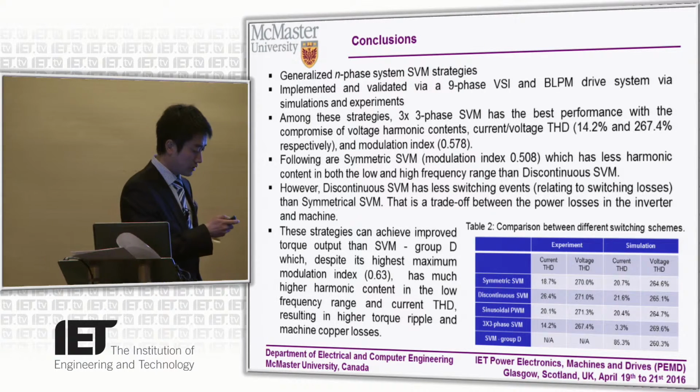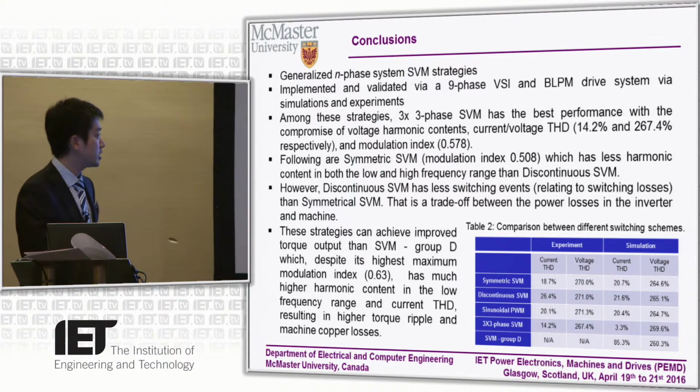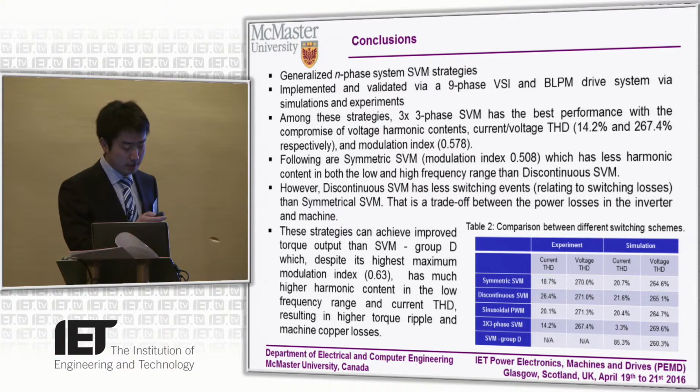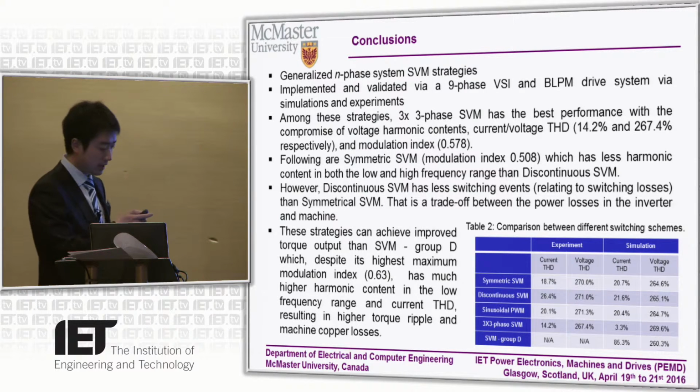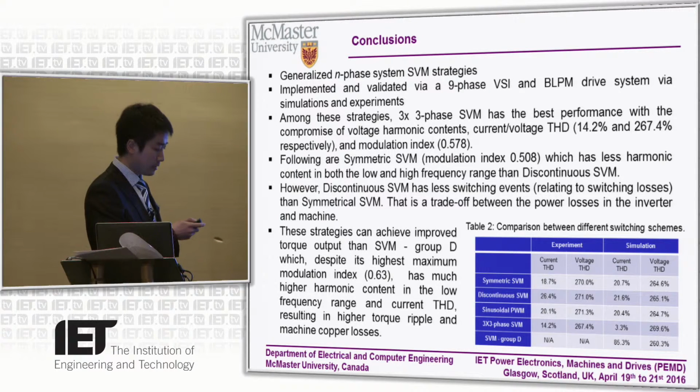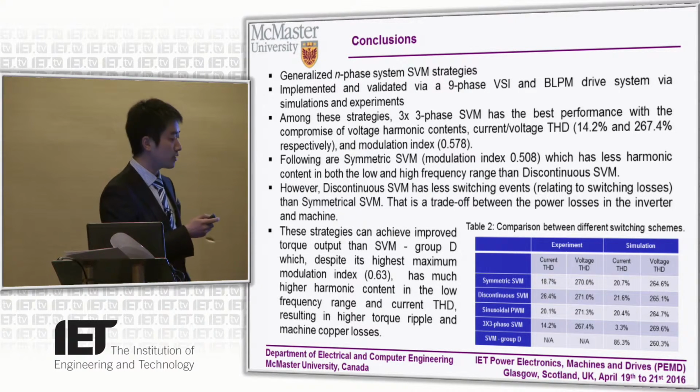Table 2 shows the comparisons between different switching schemes in terms of the current THD and voltage THD, both for the simulation and experiment results. And from the table, you can see they match with each other as well.